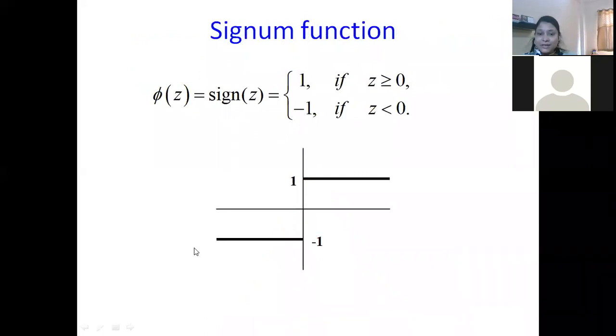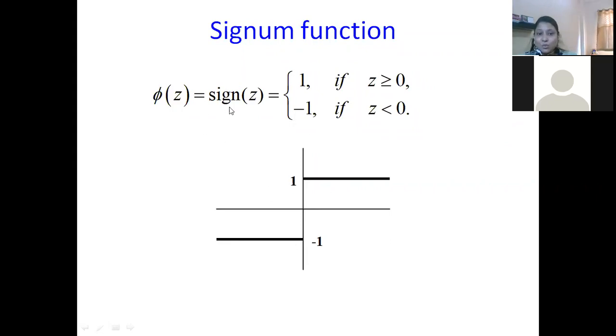Signum function, obviously, is also a very popular function. It is a very simple function as it looks, but it has immense importance in designing activation functions, because if the net value is greater than or equal to 0, it will have 1, and if it is less than 0, it will have -1.